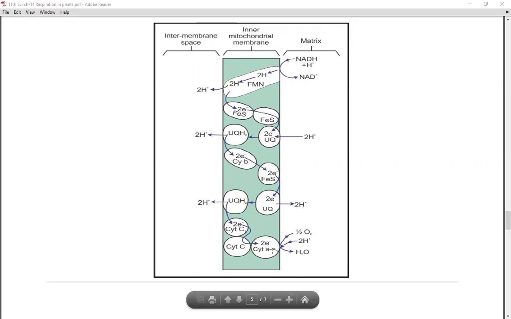So two things are occurring at the last step of this chain: half an oxygen molecule as well as two protons are entering inside the inner mitochondrial membrane, while one molecule of H2O is released.